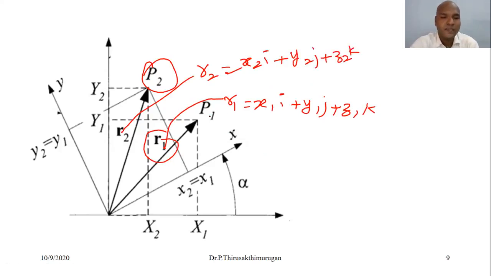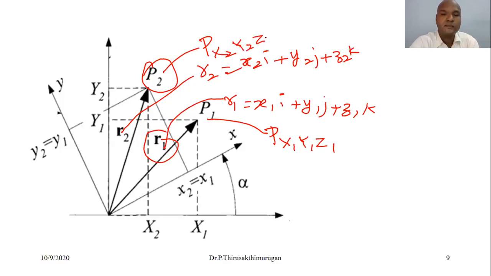So P1 is the position with X1, Y1, Z1, and the position P2 is Px2, Py2, Pz2.